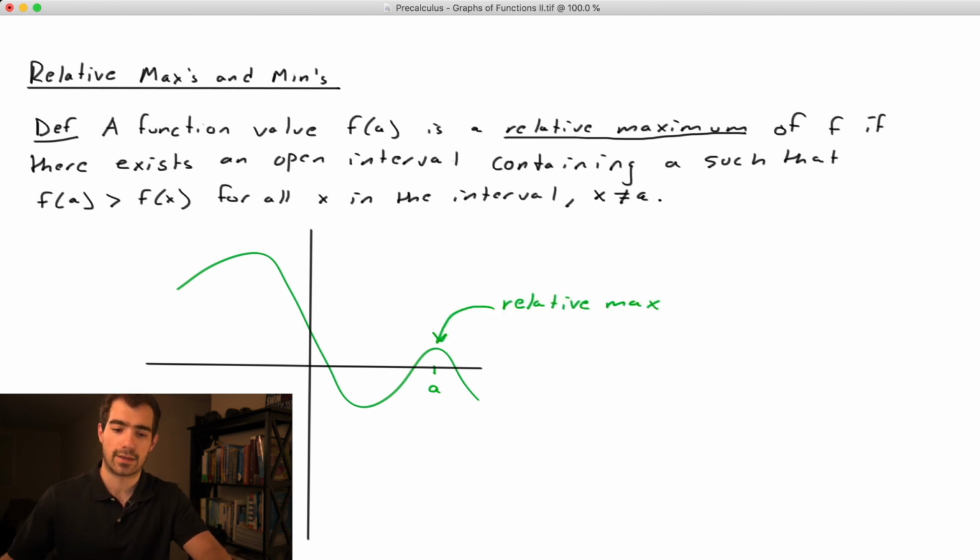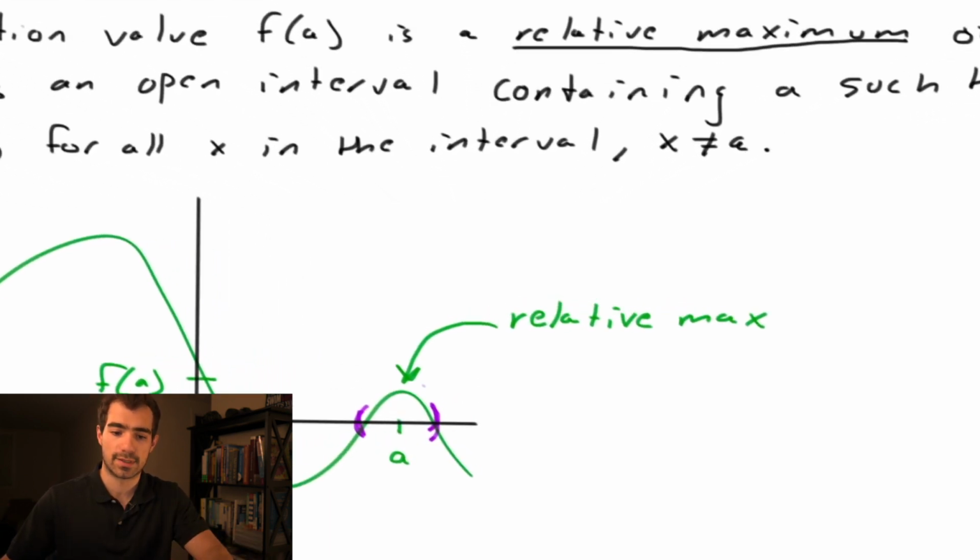So let's think about how that works a little bit. We've got a, we've got our value f of a, and then imagine some interval surrounding this. So maybe something like this. We've got some interval that surrounds it in some kind of neighborhood of this, right?